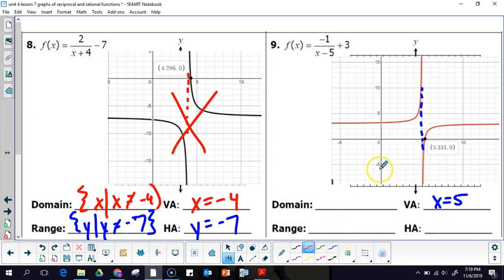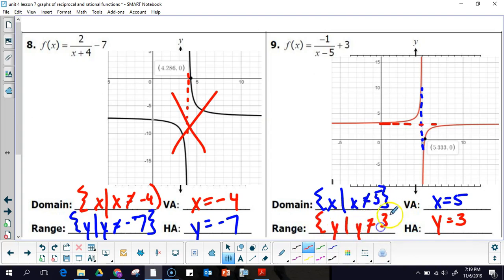The horizontal asymptote is here. And that's at y equals 3. Domain x such that x does not equal 5, and range y such that y does not equal 3.